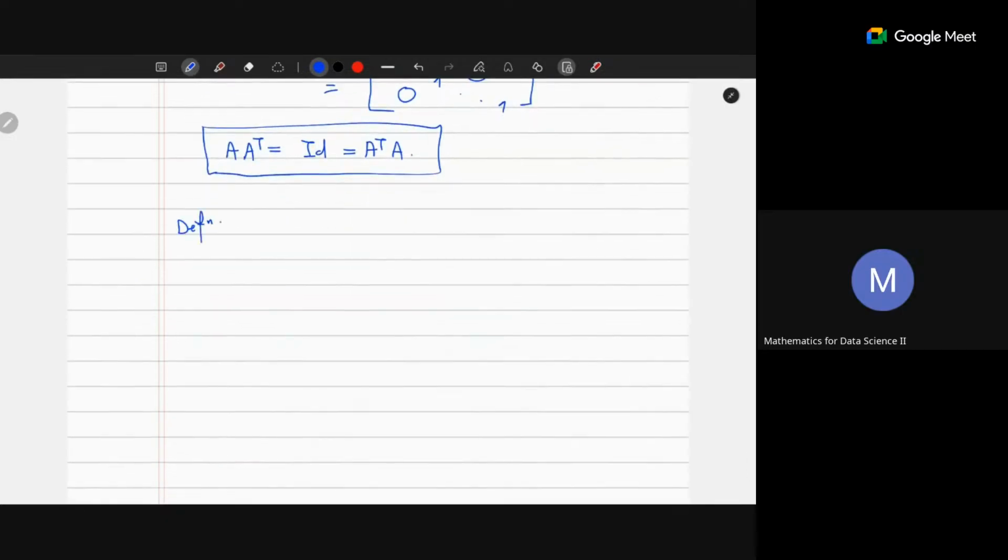So now the definition: a square matrix A is called an orthogonal matrix if A into A transpose is equal to the identity map, which is equal to A transpose into A.